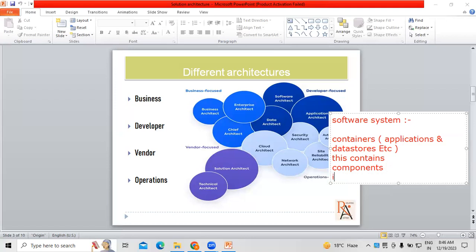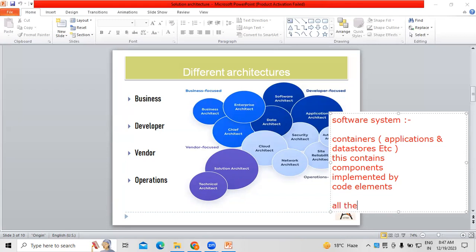Now, these components are implemented by code elements. So this is where, being in development, we do that, right? Whatever the classes, objects, interfaces, functions, all these things are used in the code elements part.